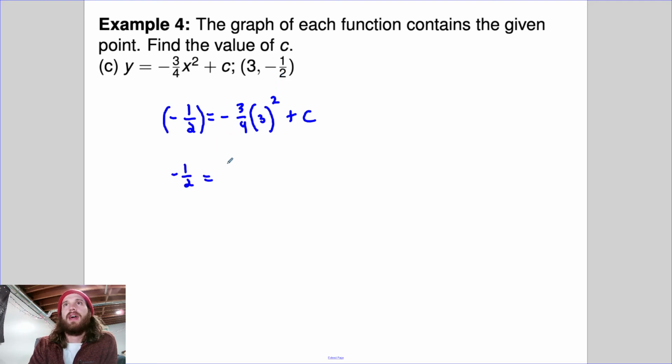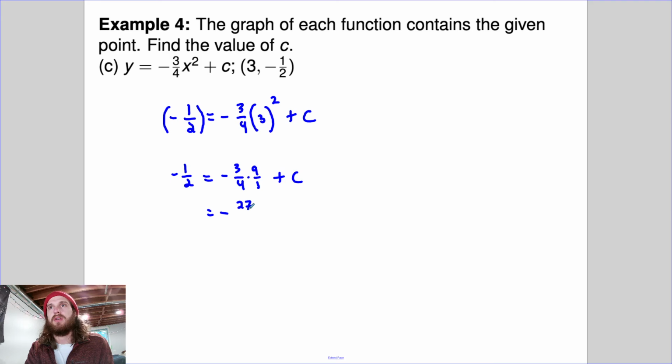Order of operations says that exponents have to happen first. 3 squared is 9. I'm going to write 9 as a fraction because I'm about to multiply it by another fraction. A little foresight there. Negative times a positive is a negative. 3 times 9 is 27/4.